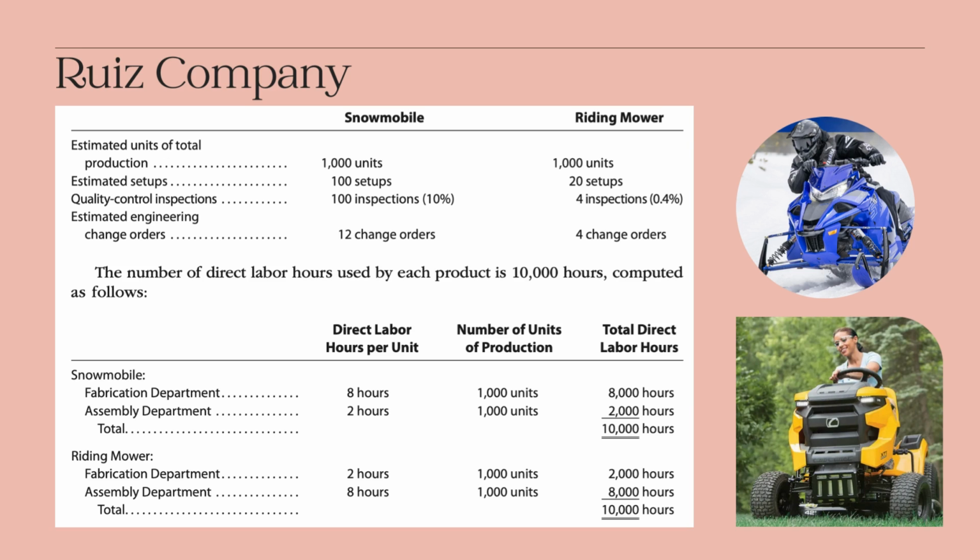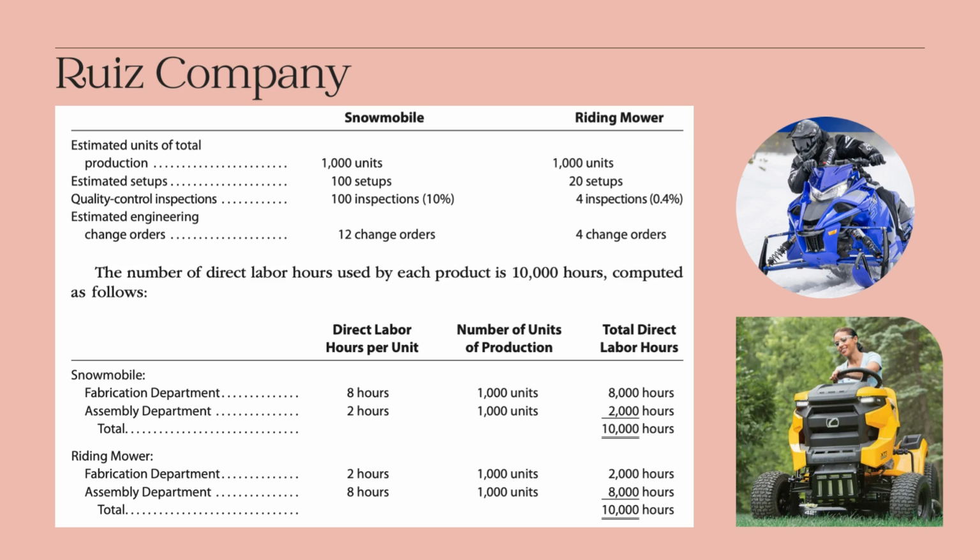For setups, it would take 100 setups for snowmobile and 20 for riding mower, a total of 120 setups. And quality control inspections, a total of 104 inspections. And for engineering changes, 12 for snowmobile and 4 for riding mower, a total of 16 ECOs.